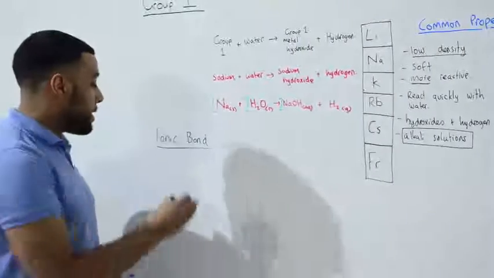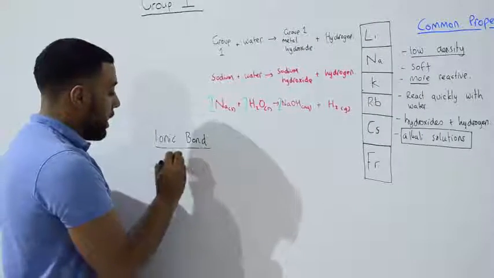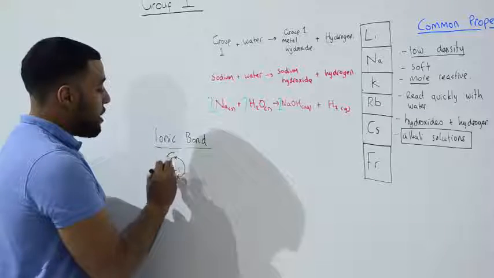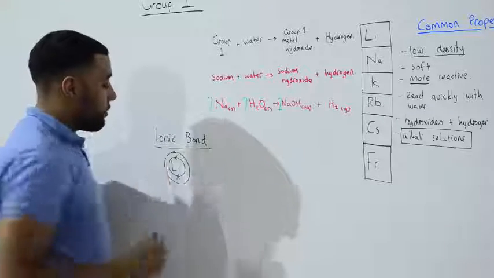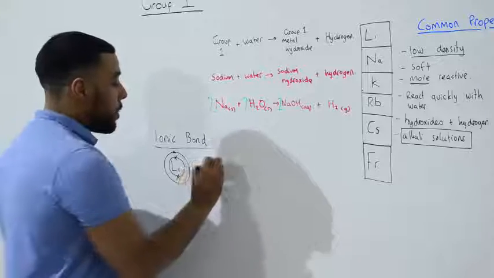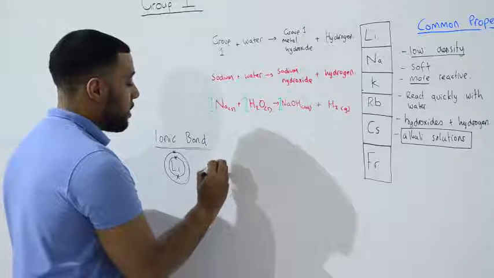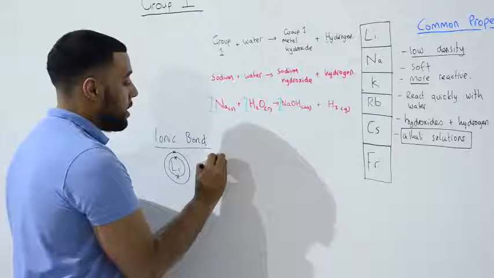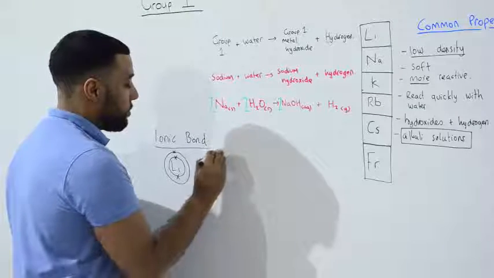If I just give you guys an example, if we have lithium, which has 3 electrons, and we're going to bond lithium to fluorine. Fluorine has 9 electrons.